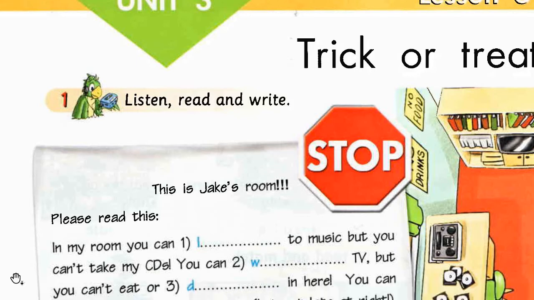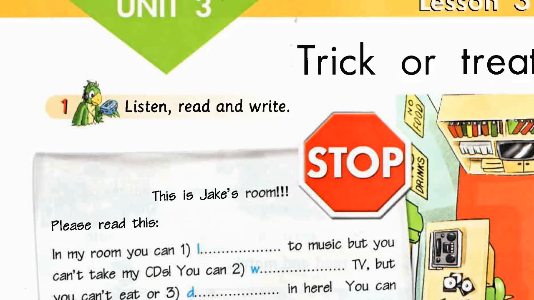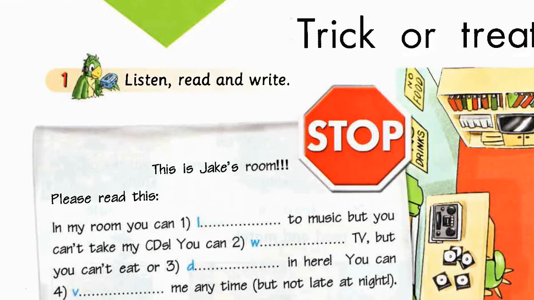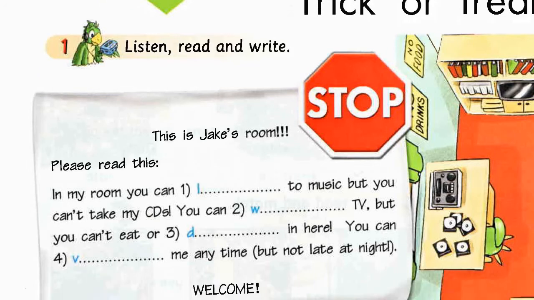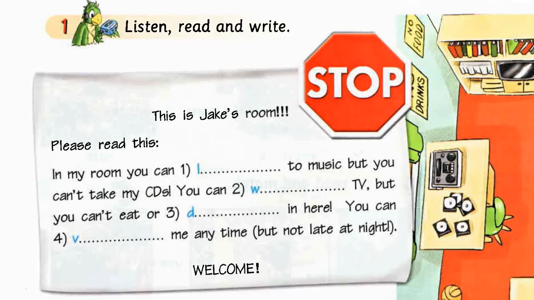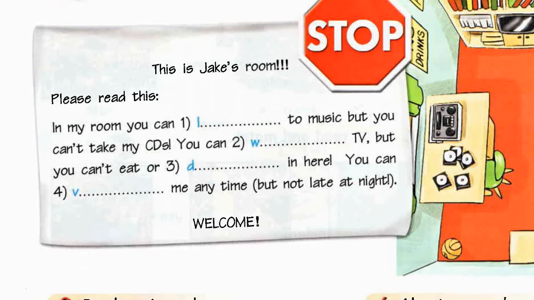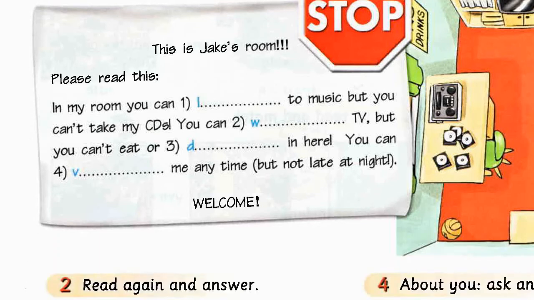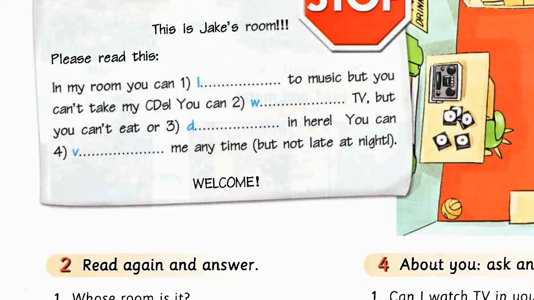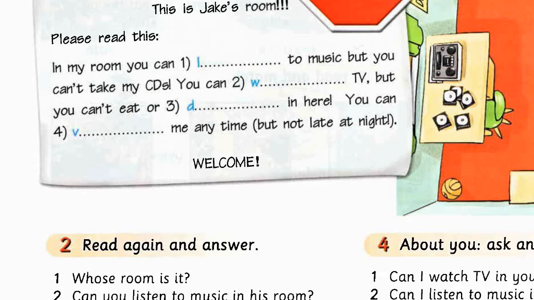Okay, for today, open your student book to page number 20, unit 3, Trick or Treat, exercise number 1. In exercise number 1, you are going to listen, read and write. Look at here. It says please read this. And you are going to listen and complete these missing parts.